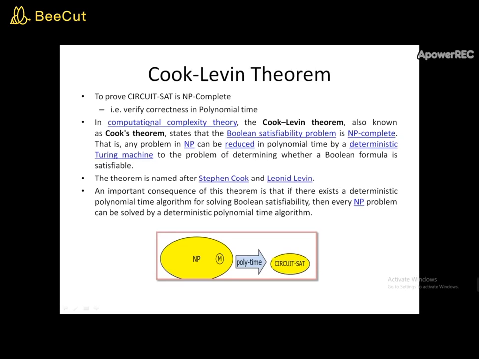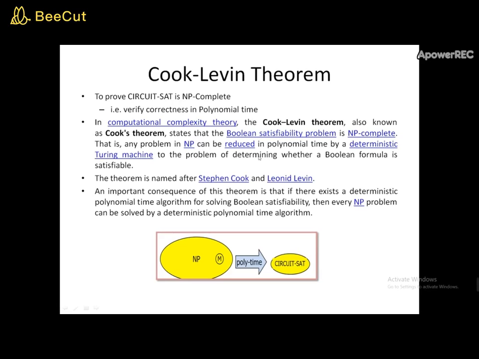Here they say that the Boolean satisfiability problem is NP complete, and any problem in NP can be reduced in polynomial time by a deterministic Turing machine. What is meant by a deterministic Turing machine? If you give an instance of the problem to a Turing machine, you get a proper output.